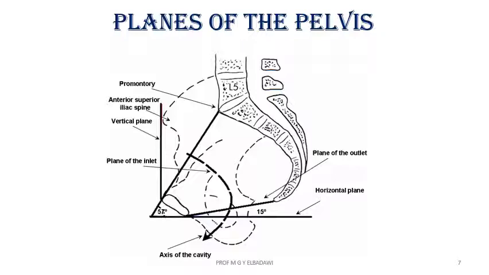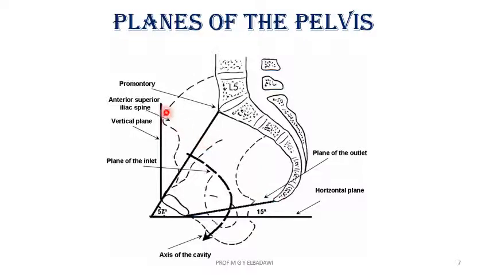Now to the planes of the pelvis, which we can see here. That is the line of inlet of the pelvis, and that is the line of outlet of the pelvis.